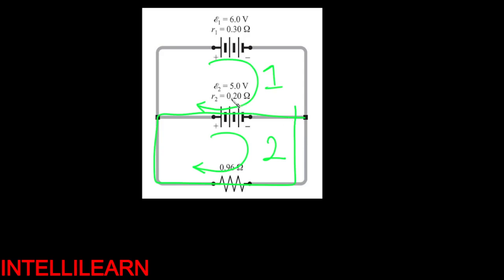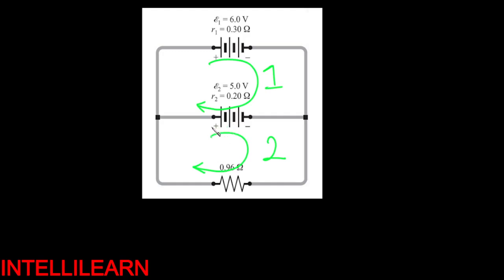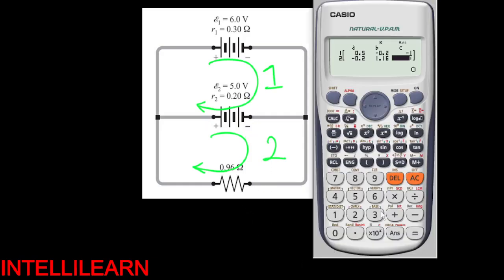Anything my green line is touching, this 0.2, this 0.96, right? So I will say 0.2 plus 0.96. Now go clockwise. By the time I get here, I'm going this way, right? A drop was what? 5. That's the only voltage source that we're having. A drop of 5.